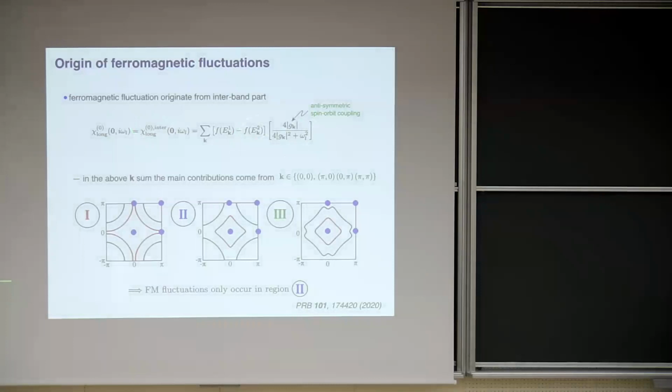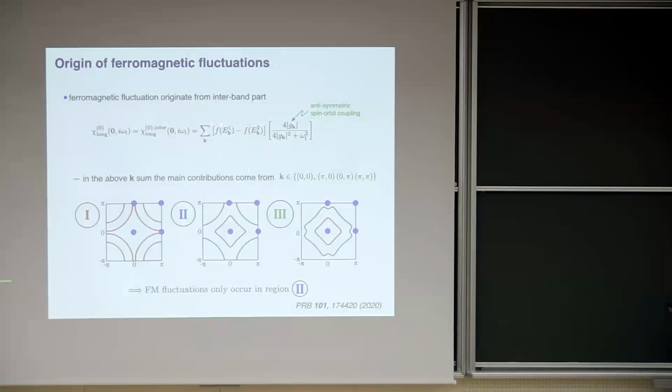This bracket basically diverges close to the values (0,0), (0,pi), (pi,0), (pi,pi), because this is an antisymmetric function, meaning this needs to be 0 at these time-reversal invariant momenta. So we would expect very large ferromagnetic fluctuations that come from these 4 points in the Brillouin zone. But now we have to remember there's also this Fermi factor here, and it can actually be 0.